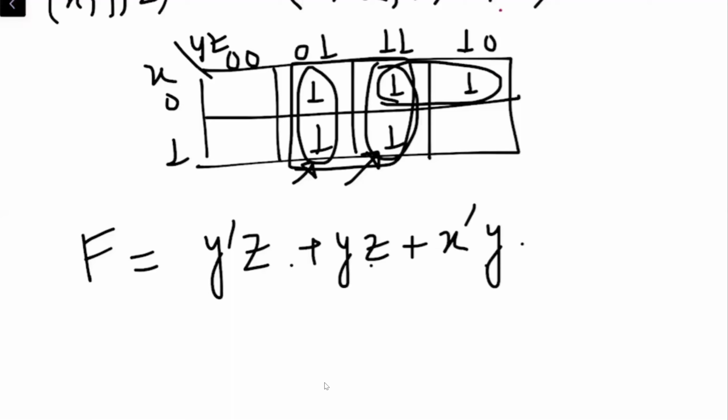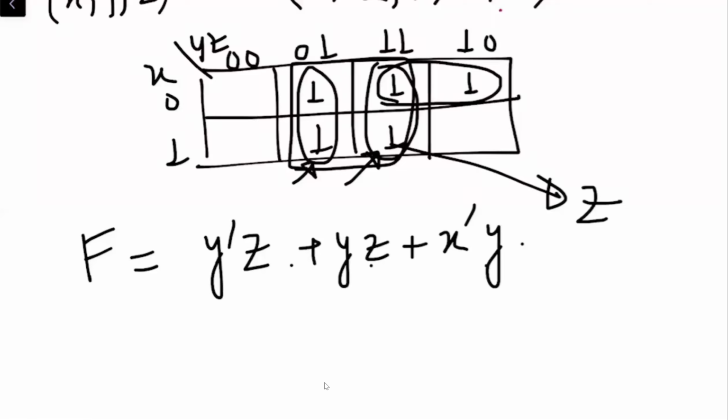So in a group of four, what is not changing is only the z, right? Are you with me? Yes, sir. So this group of four will straight away be written as z, right?